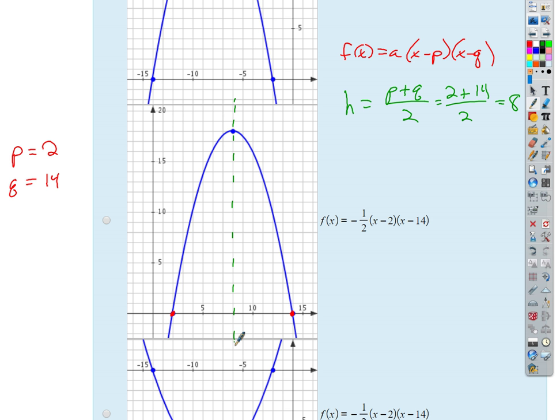And if I know that h is 8, k is just going to be f of 8. All I got to do is plug that into my function. So I get negative 1/2 times 8 minus 2 times 8 minus 14, right?